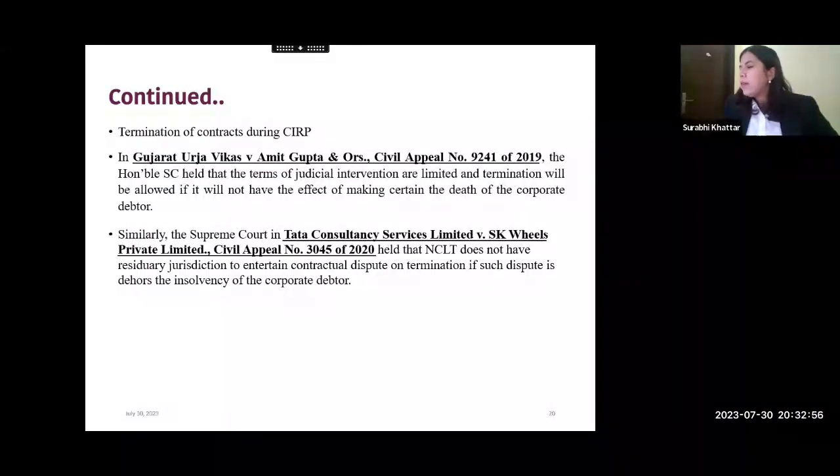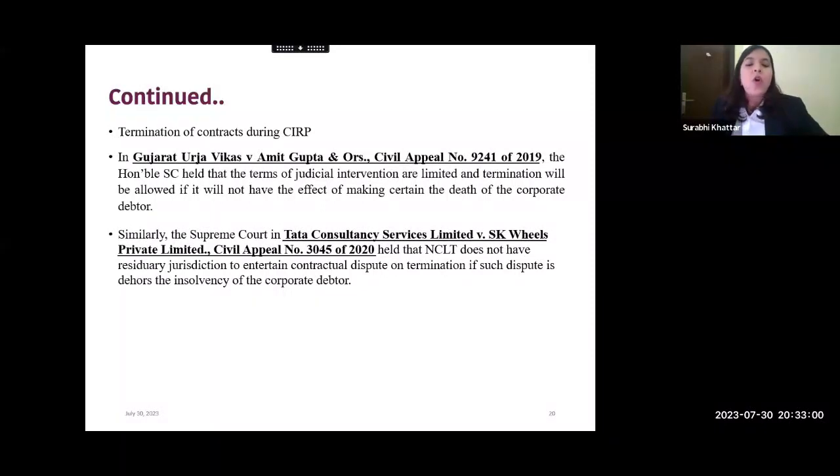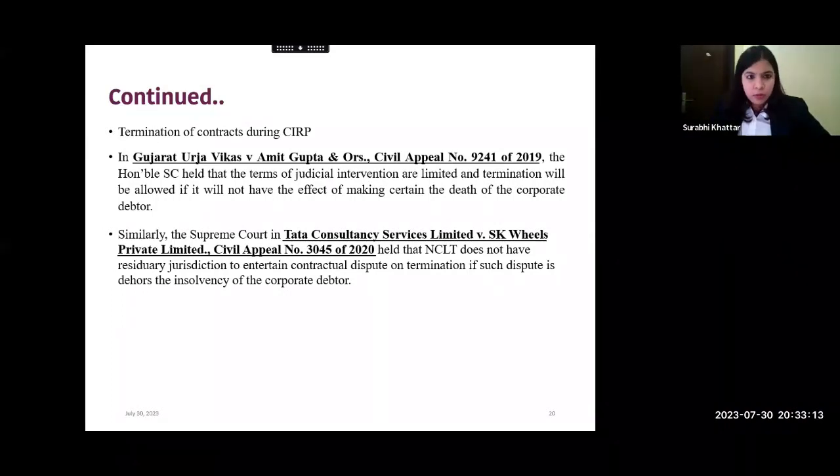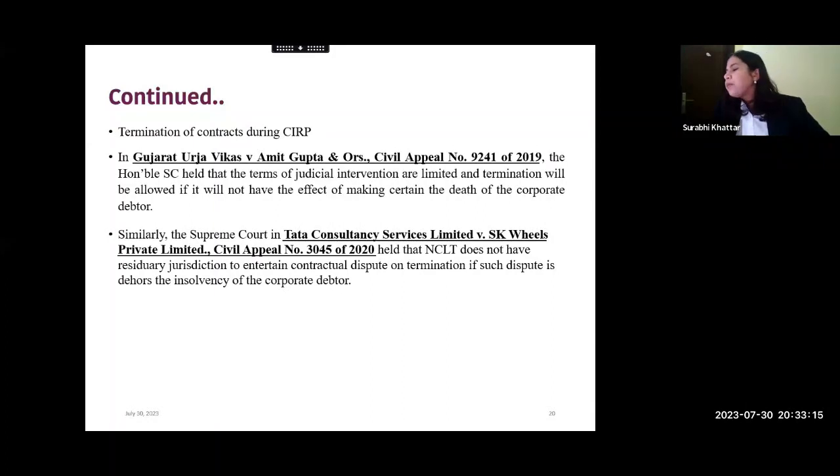Now, the other important point is that while any initiation of new proceedings or existing proceedings is stayed, any beneficial proceedings that may be in the interest of the corporate debtor itself are not stayed. They continue to proceed.